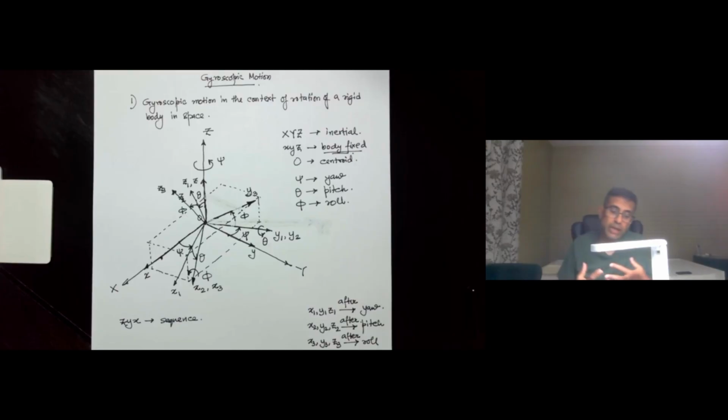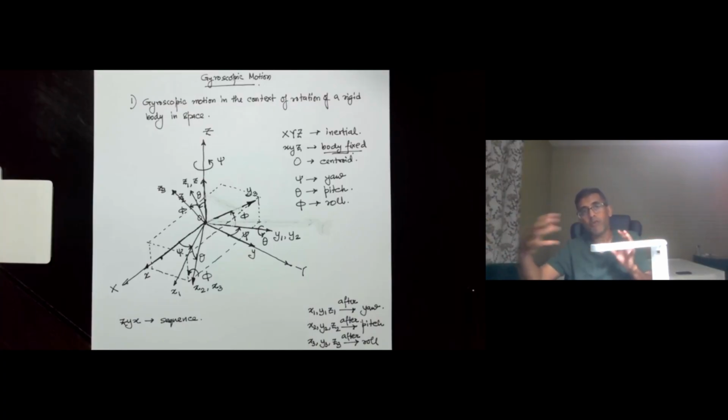Now, if I take one point on this rigid body and I want to find the coordinates of that point, I could use a rotation matrix. So in this case, I could use the yaw rotation matrix followed by pitch and followed by roll and multiply them together.